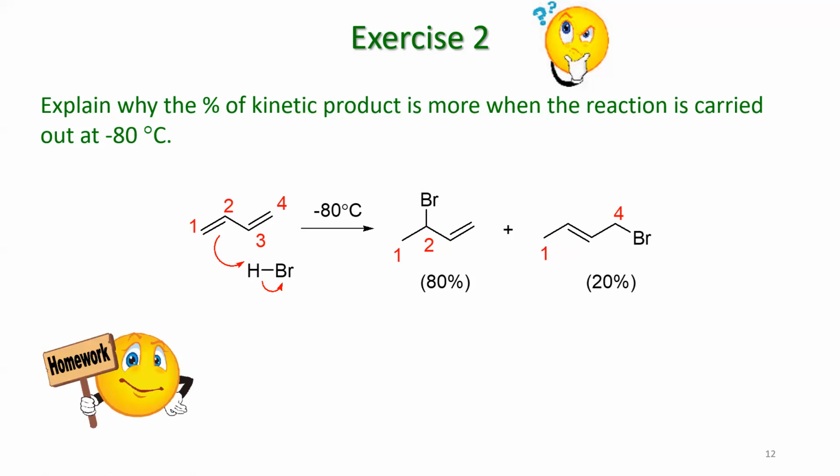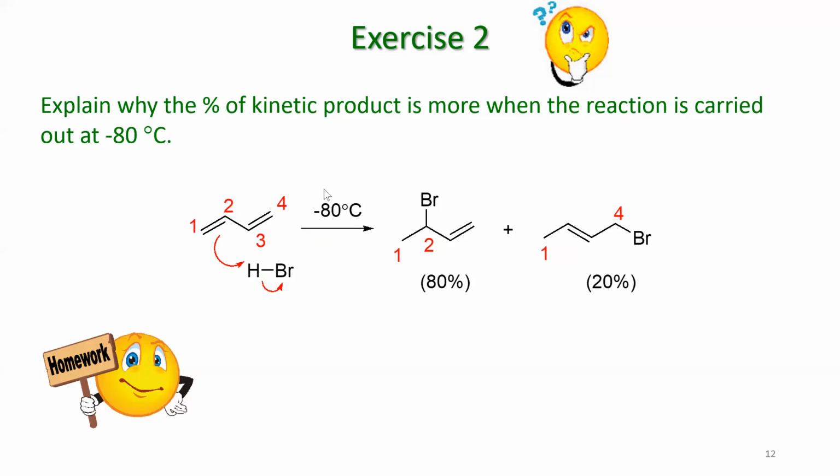Now, at minus 80 degrees Celsius, at the cold temperature, definitely yes, because this conjugated system means that the bromine will be attached on top, on the bond break. Okay, and yes, partly correct.